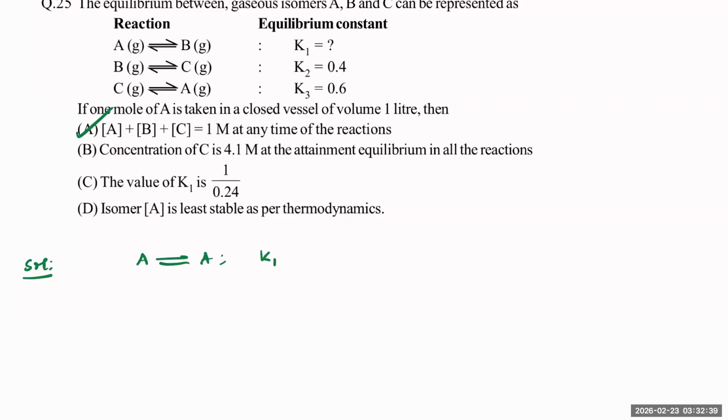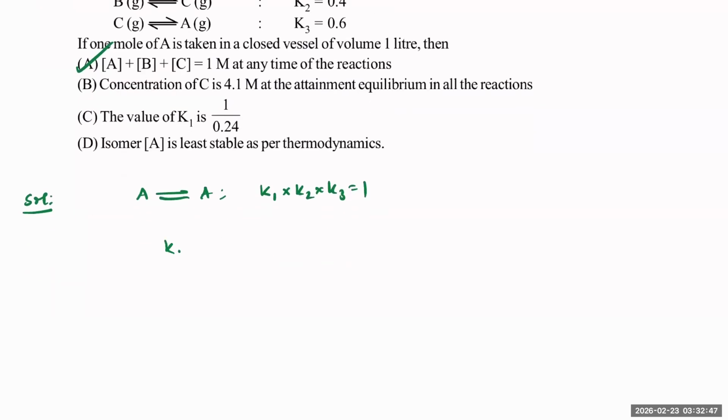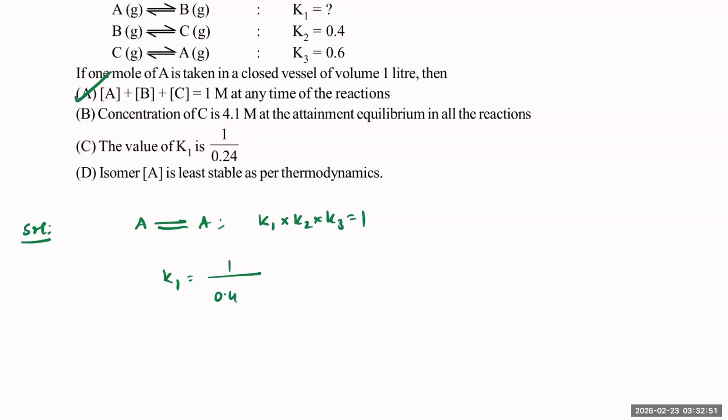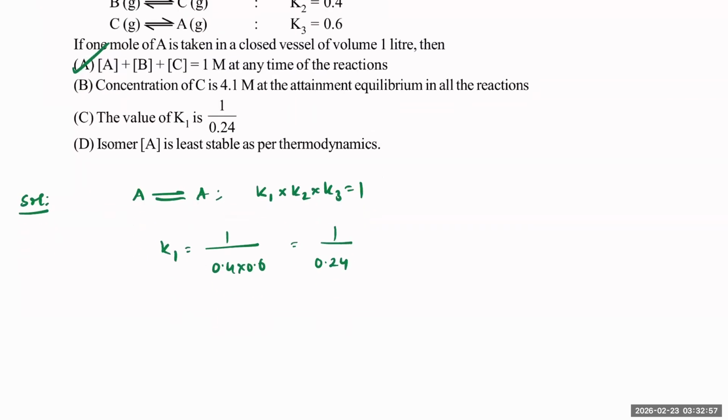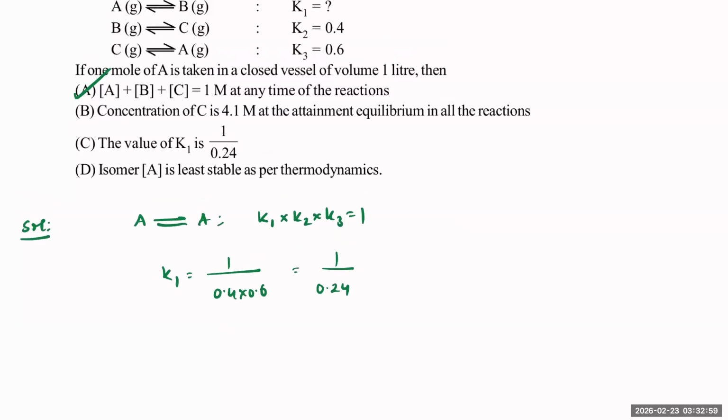So which means K1 into K2 into K3 should be equal to 1. So which makes K1 equal to 1 by 0.4 into 0.6. That makes it 1 by 0.24. Got it? So this C is also not a problem here.